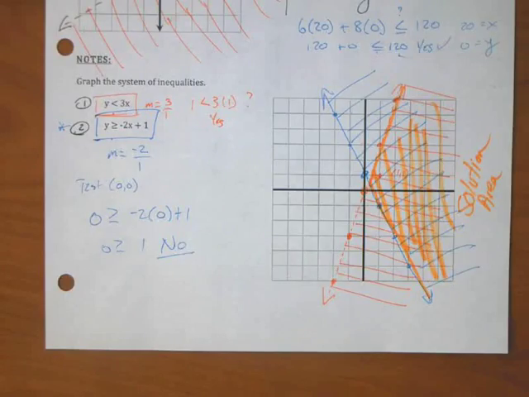So (3, 2) is a solution. Or maybe you like this spot: 1, 2, 3, 4, 5, down 1, 2, 3. (5, -3) is also a solution to this system. Anything in this highlighted area fits both inequalities.